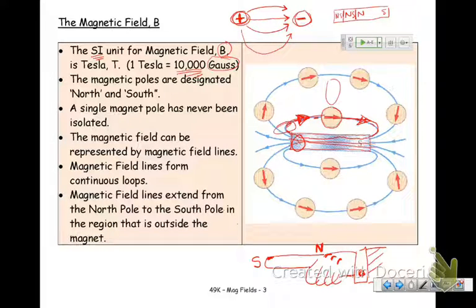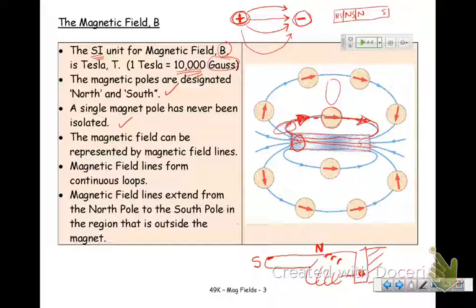Magnetic poles are designated north and south. A single magnetic pole has never, the book's kind of coy, they say it's never been isolated. I don't know if that means there's a theoretical hint that they could be, or whether they're just not prepared to say they never will be. I don't think they ever will be. I don't know of any theory that says they can be.